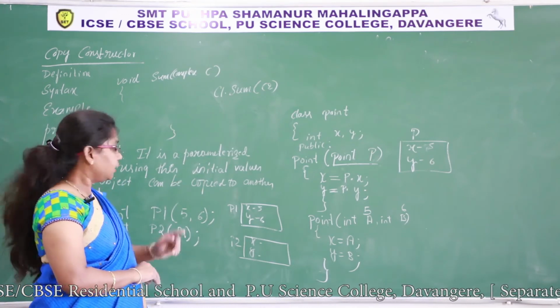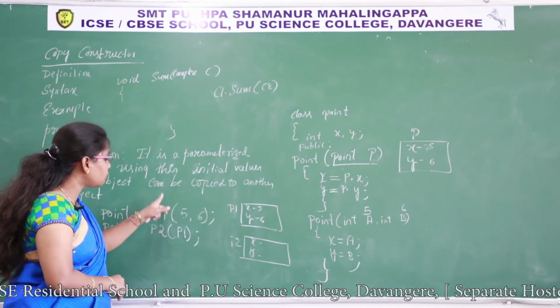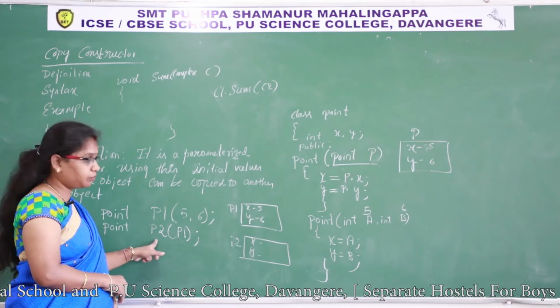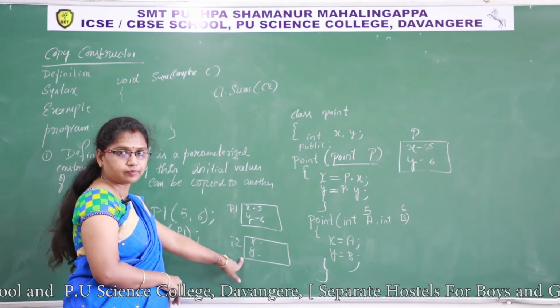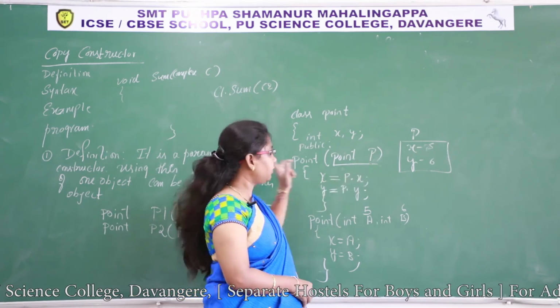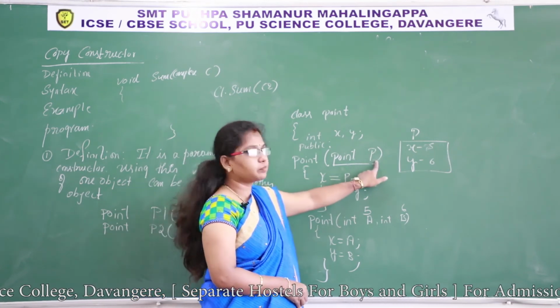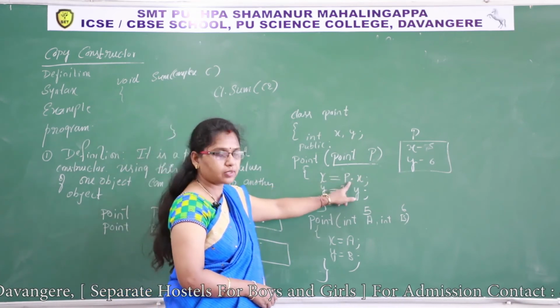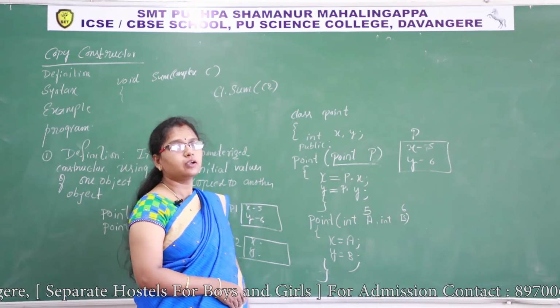Are you understanding? I am going to copy the values of p1 to p2. I am copying to the object p2, with the help of the object p. Where did p1 get copied? It got copied to p. So I have to extract the p values like this. I have to access them using the object and the dot operator.